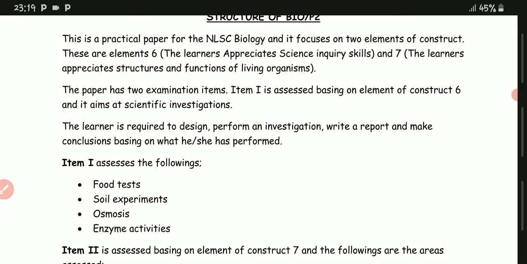Therefore, we all agree that item 1 of paper 2 and paper 3, which I told you are the same papers, focuses on scientific investigation. So when I'm talking about paper 2, have it in mind that I am also talking about paper 3.